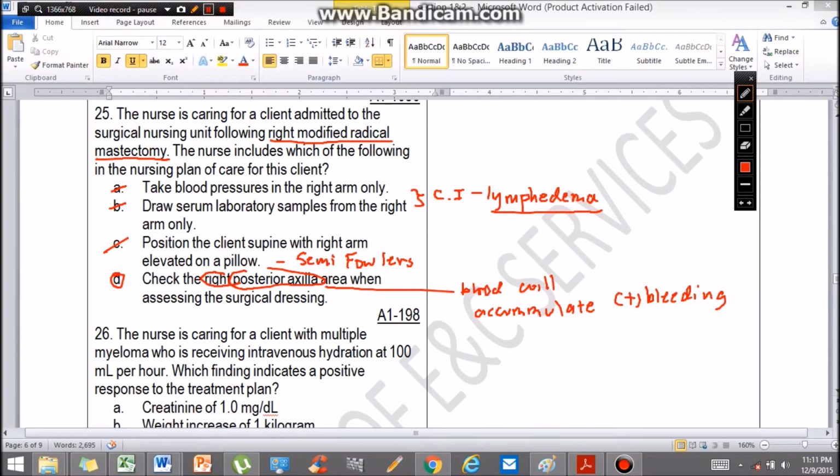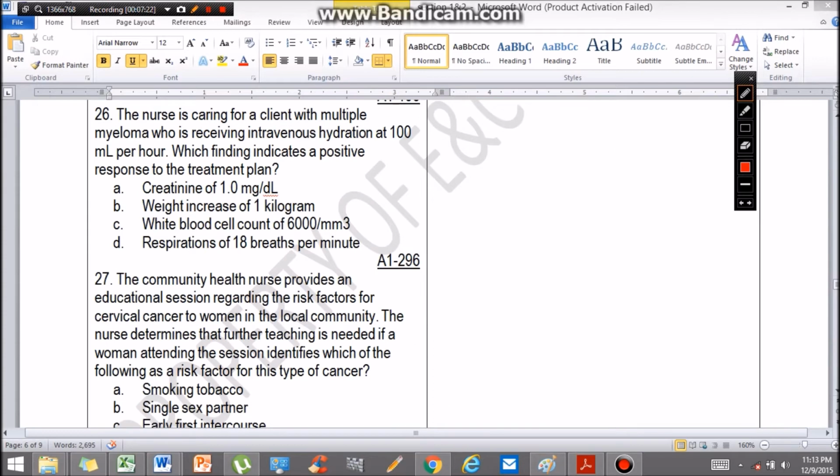Next, number 26. The nurse cares for a client with multiple myeloma who is receiving intravenous hydration at 100 ml per hour. Which finding indicates a positive response to the treatment plan? A client who has multiple myeloma is at risk for renal damage.